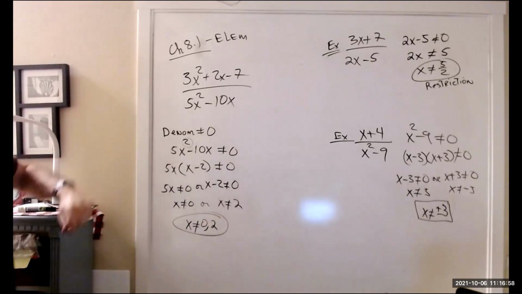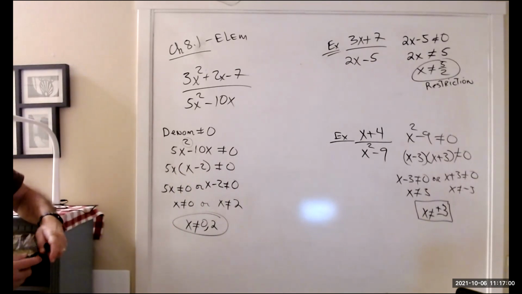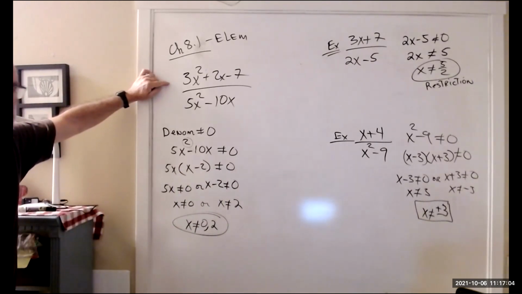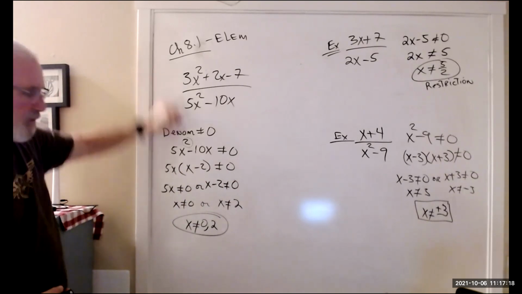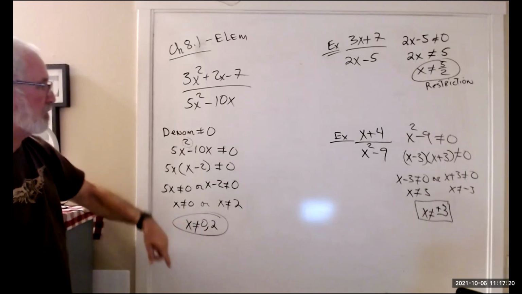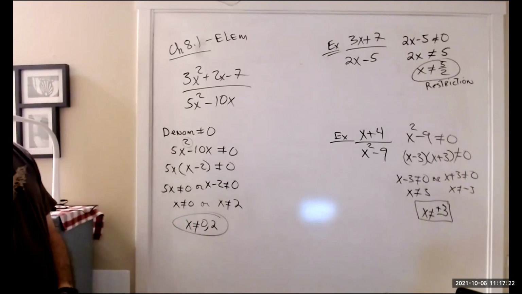That's our answer. Again, the numerator had nothing to do with the problem, not with the directions. Remember, the directions I gave you verbally were find the restrictions on x, or find the undefined values. This fraction will be undefined if x is 0 or 2. Is that okay with everybody?